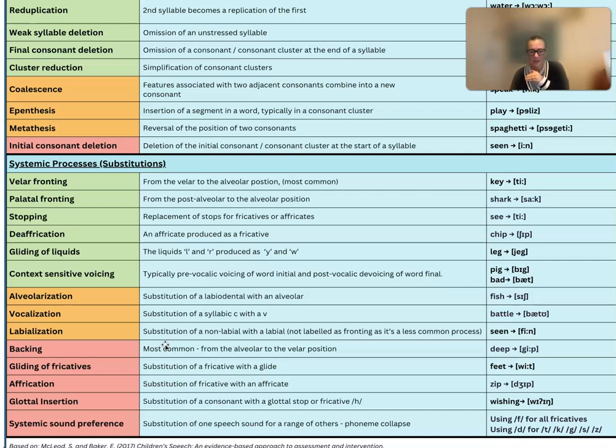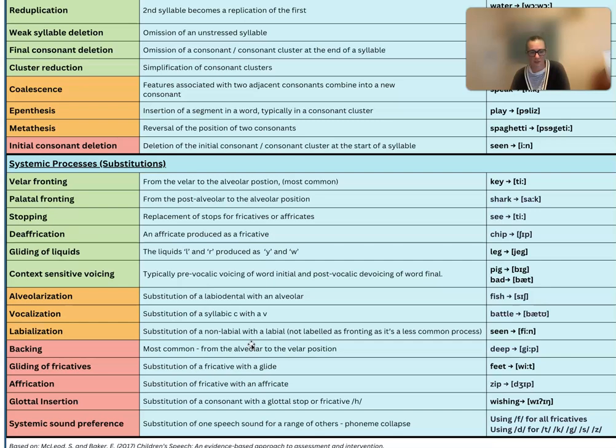If a child is producing a non-labial as a labial, that's slightly more unusual. So seen going to feen is not atypical, but I would still want to classify it as something other than fronting.